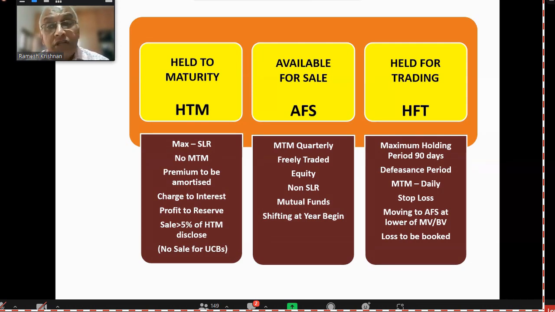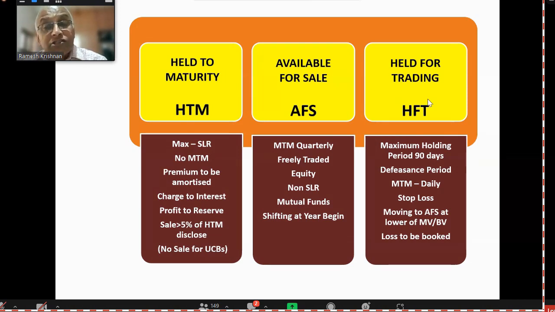So this will also give the investor an idea whether you are selling stocks that have been acquired 10 years or 5 years back and making a profit to cover up for huge NPAs that are coming up. But for urban commercial banks, this sale from HTM is not permitted. Only for scheduled commercial banks, this is permitted. So that is the description about HTM.